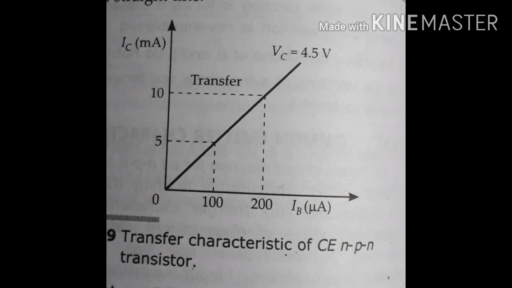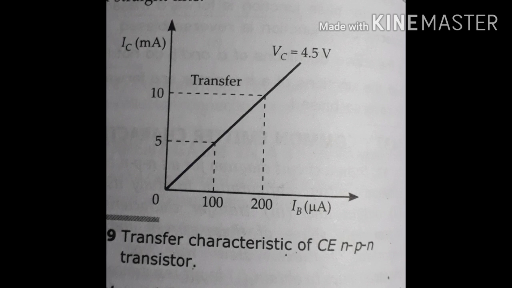From the output characteristic curve, we can find the value of beta, which equals delta IC divided by delta IB. We can see this varies from 20 to 100. In a transfer characteristic curve, we plot IC against IB.